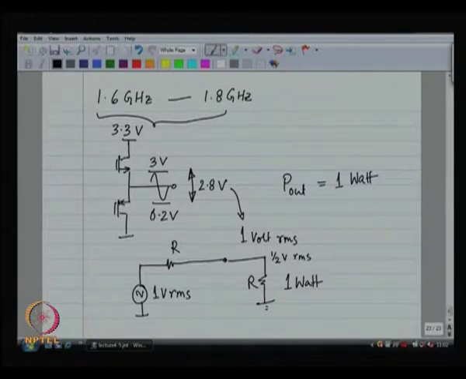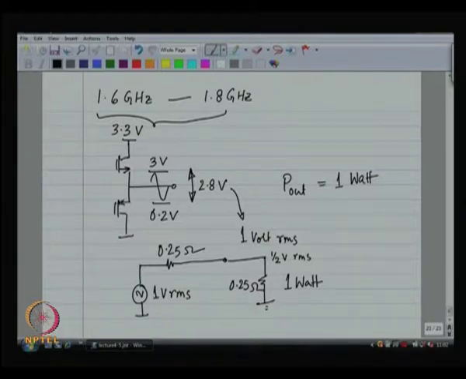Half V whole squared divided by R has to be equal to 1 watt. So, R has to be equal to 0.25 ohms. Okay, so, this is the case where you get maximum power transfer.